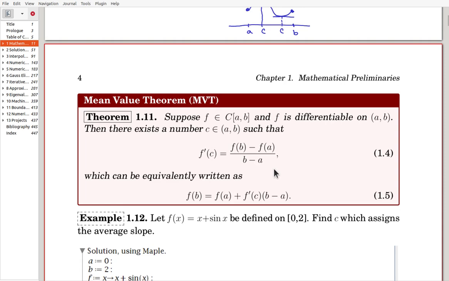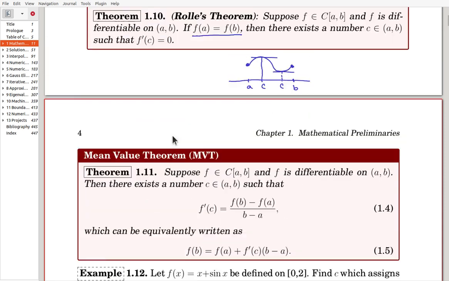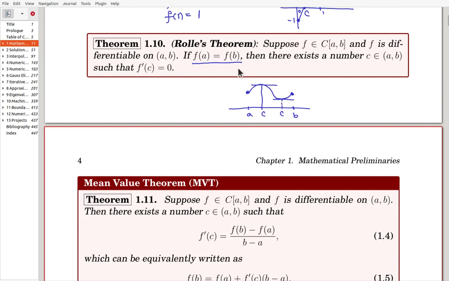The difference between the mean value theorem and Rolle's theorem is here. In Rolle's theorem, we assume f of a and f of b are the same. Now for the mean value theorem, such an assumption is not there. So the mean value theorem is the more general case.